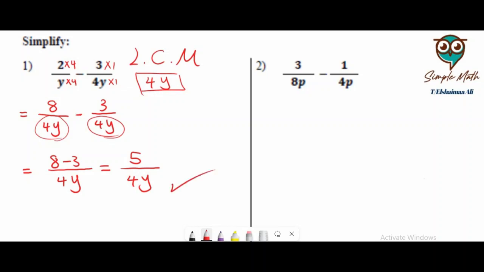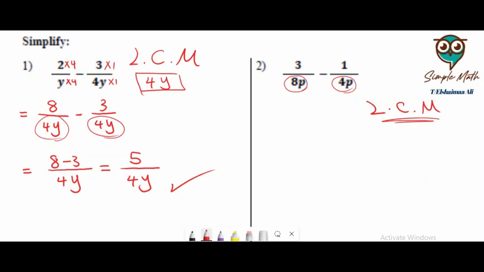Let's see number 2. What do we have in number 2? We have 3 over 8b minus 1 over 4b. Okay, so here we have different denominators, so we need to get the same denominator to put in both fractions. So we need to get the lowest common multiple, as we said before, for both these denominators.